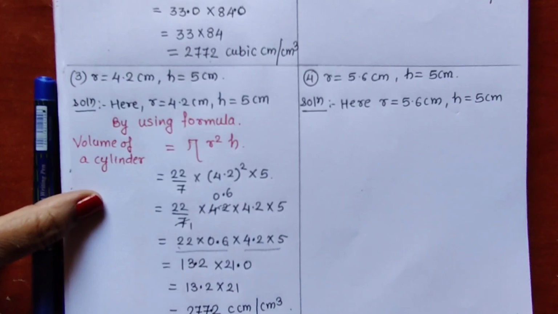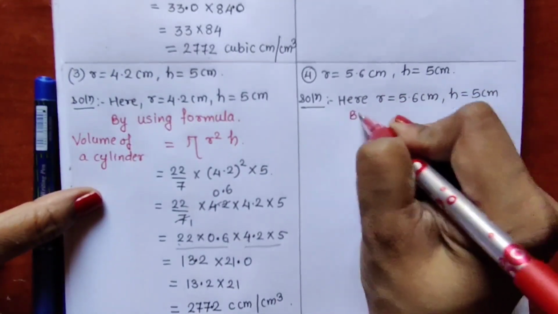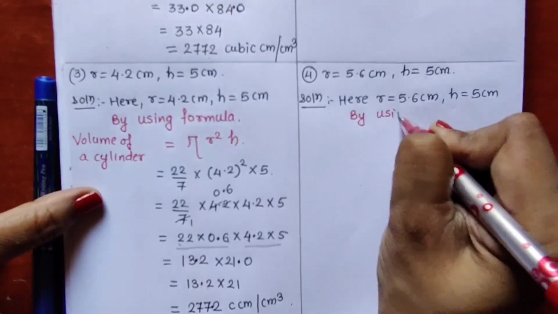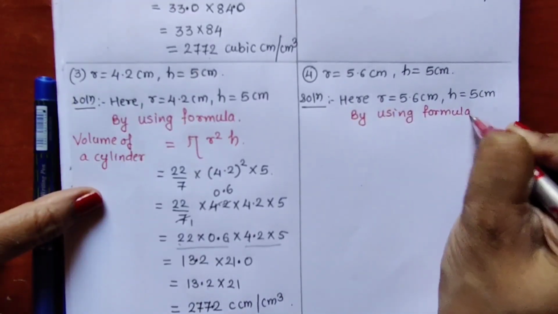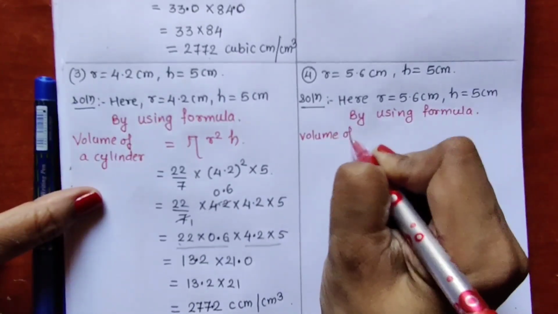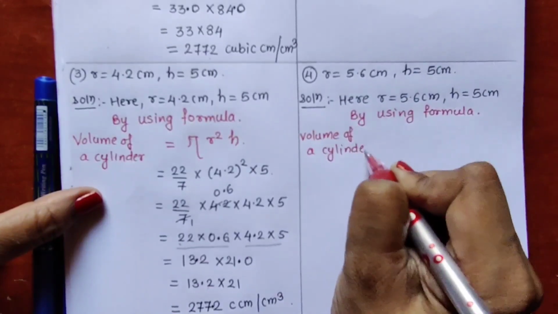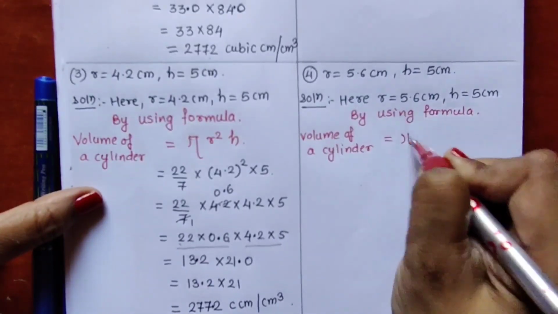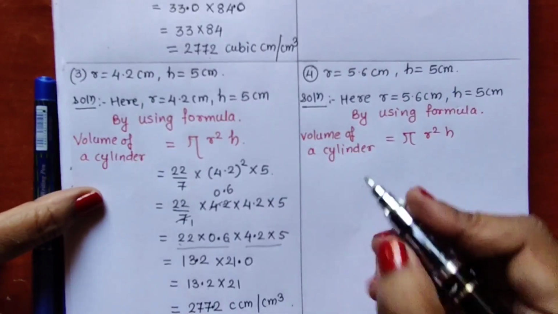Now by using the formula, volume of a cylinder is equal to pi r square h. Okay, now we will put the values.